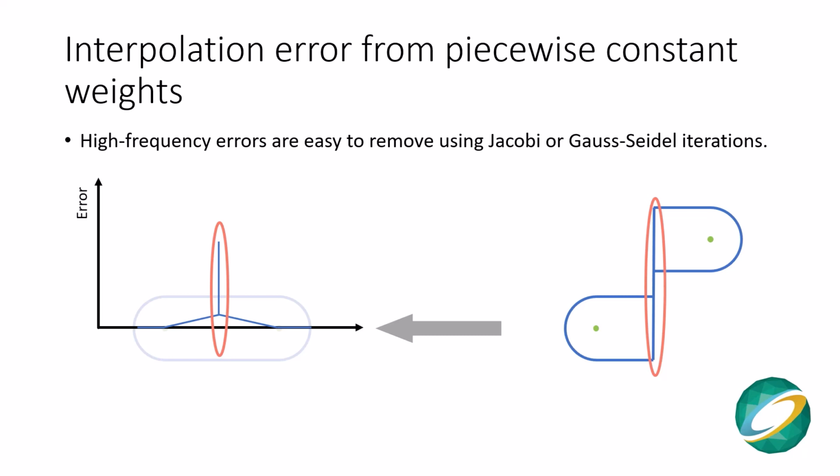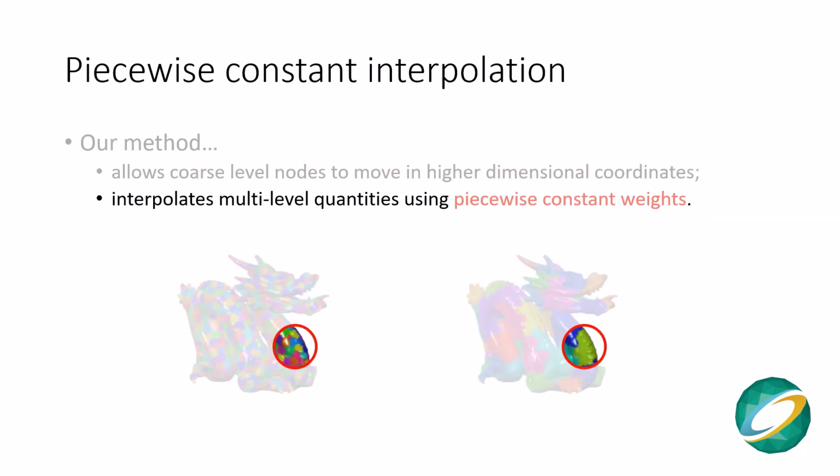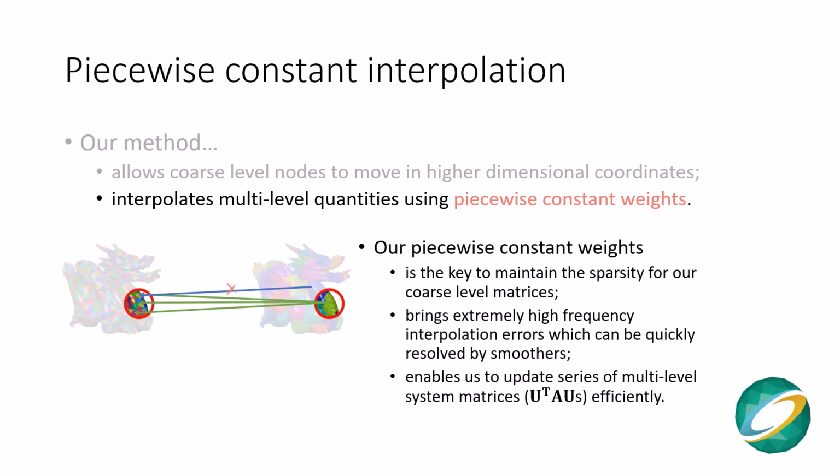We observed that the piecewise constant weights might be bad at scaling, but they are acceptable in the multigrid framework. As a result, we choose to stick with the piecewise constant weighting strategy, because this one is the key to maintain the sparsity of our coarser level matrices without causing too much trouble.